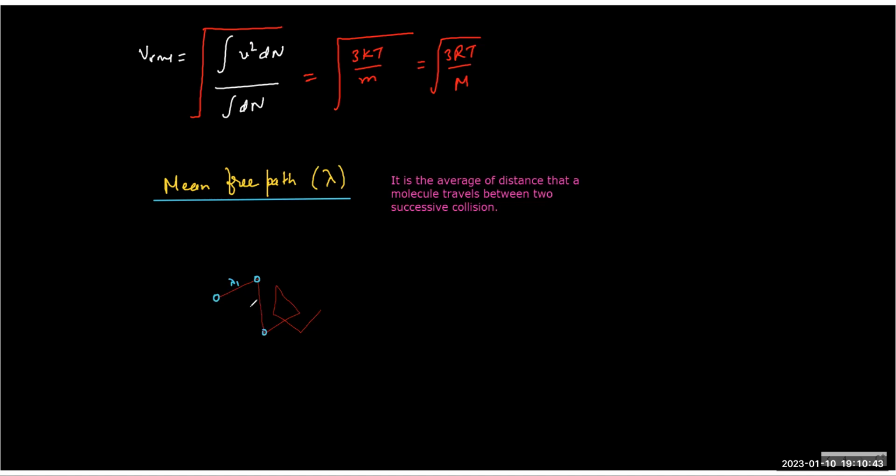After deflecting, you travel and then you collide here again. Then again you travel and collide. You travel and collide. Travel and collide. This will keep continually happening here. So the average of all such values is called the mean free path. It is actually (lambda 1 plus lambda 2 plus dot dot dot up to lambda n) divided by n.